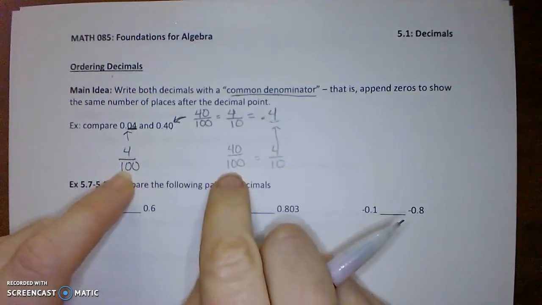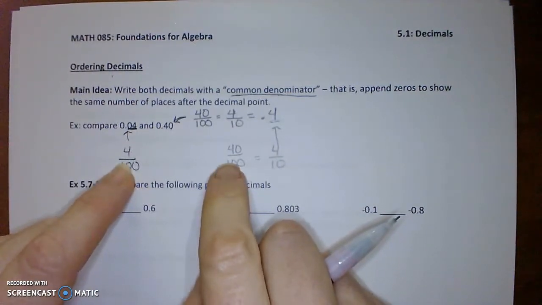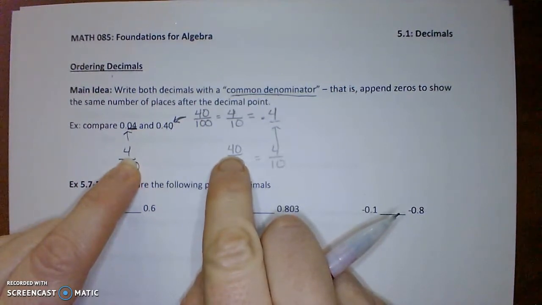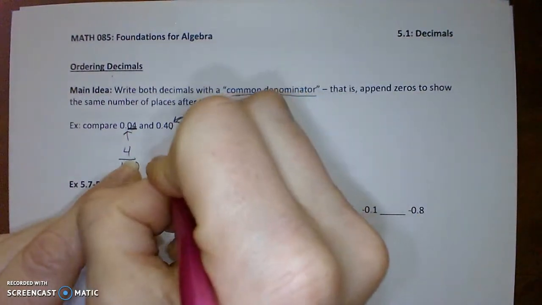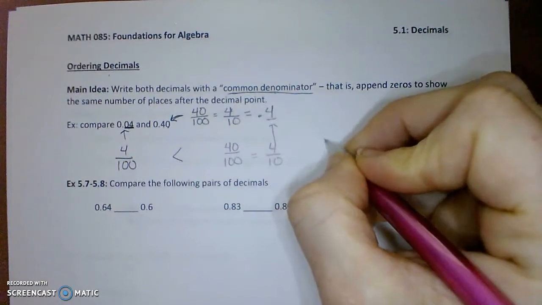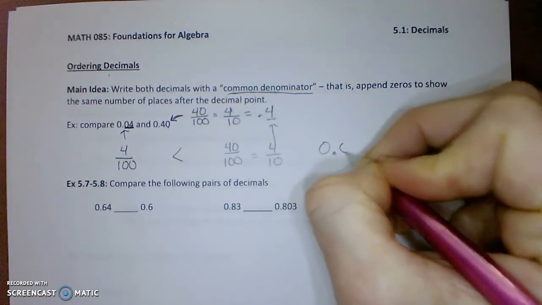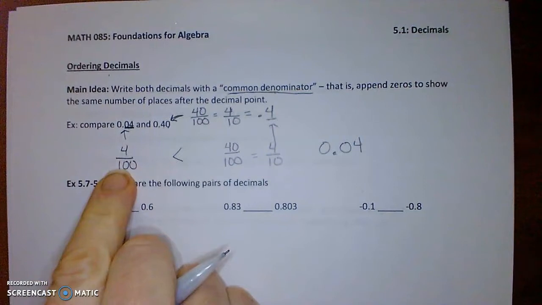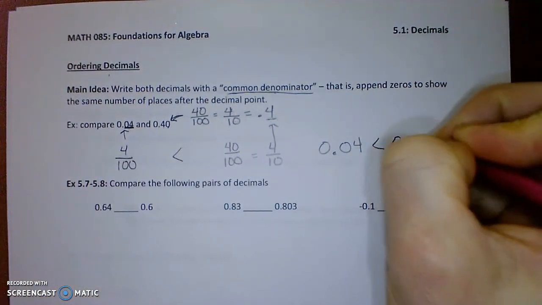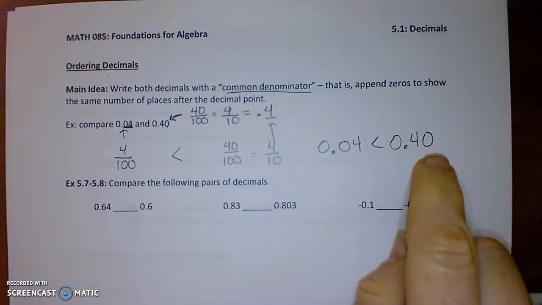And now it's easy to compare these two because they have the same denominator, so you can just go ahead and compare the numerators. Which one's bigger, 4 or 40? 40 is bigger, so that tells you that 0.04, which was 4 hundredths, is less than 0.40, or 40 hundredths.